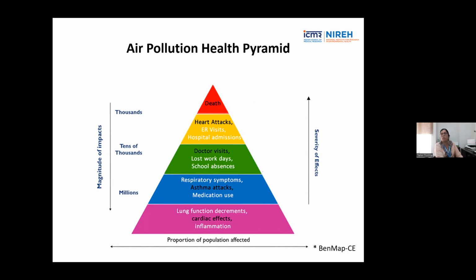Even though we keep talking about deaths, they are only the tip of the pyramid. The major problem is that millions of people are being affected by subclinical problems caused by air pollution, like lung function decline, cardiac effects, inflammation, and oxidative stress. These things are not apparent, so people, even though they are being subclinically affected, are not aware of what is going on.